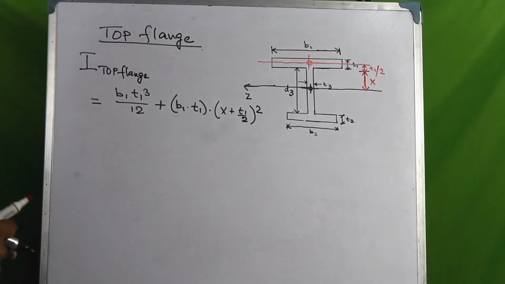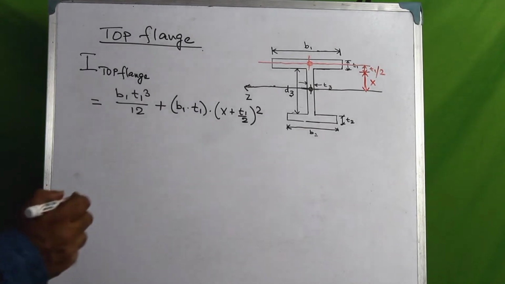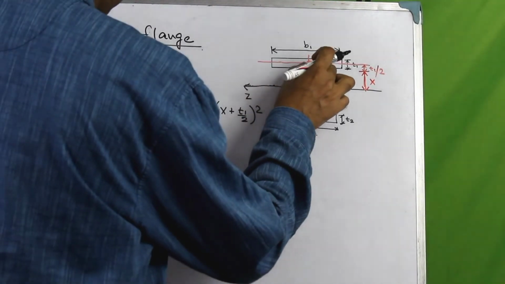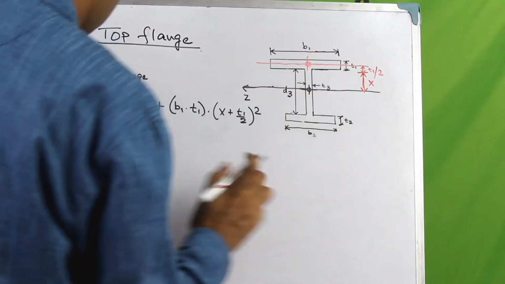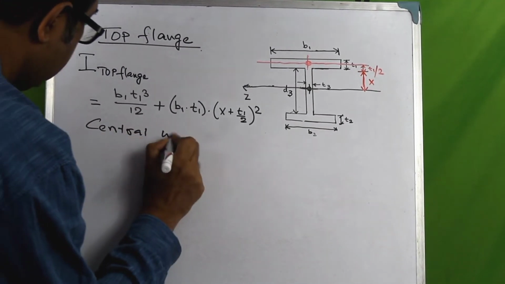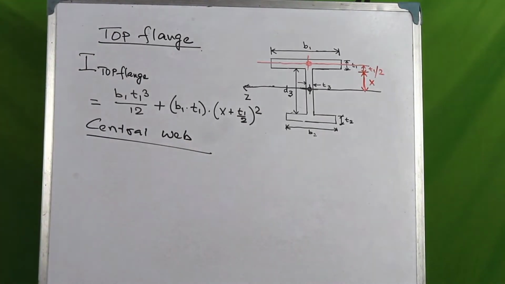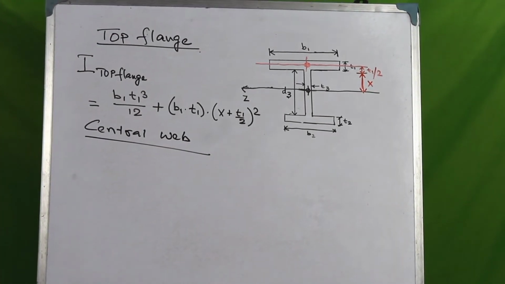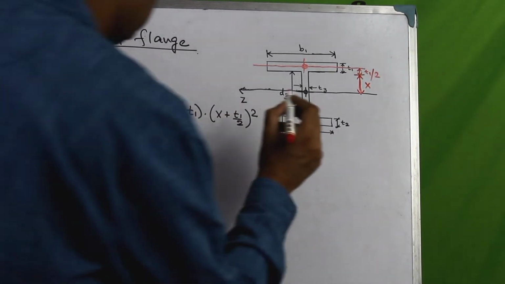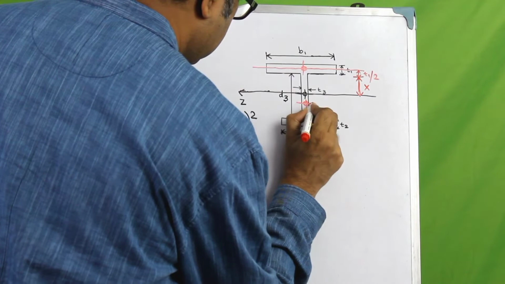Now the next thing that we want to identify here is about the web, the central web. So if this is the central web, the next thing that we want to do is to identify the centroidal axis of the web.